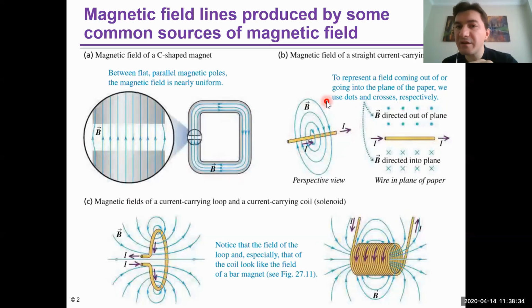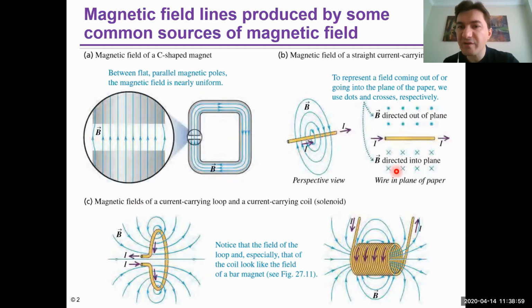So for the B directed out of plane, we are showing these points, dots. This is showing that the direction of the magnetic field is from the screen to us, you can consider. And here we have crosses.